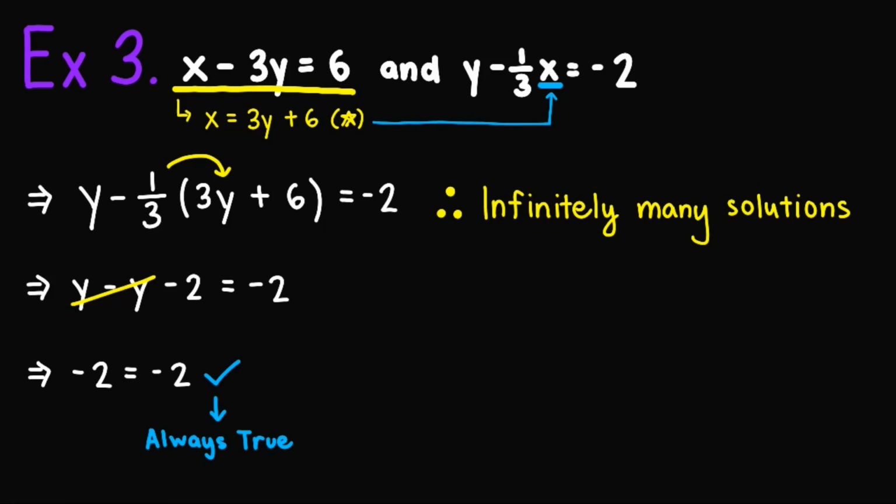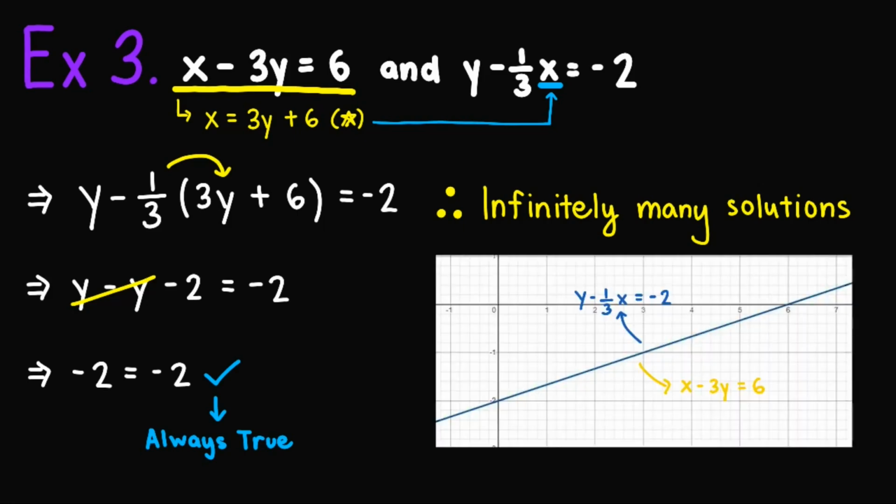And indeed, if we check out its graph, we can see here that these two lines actually overlap, although it's not quite noticeable since it looks like just one line. These two lines actually just overlap.